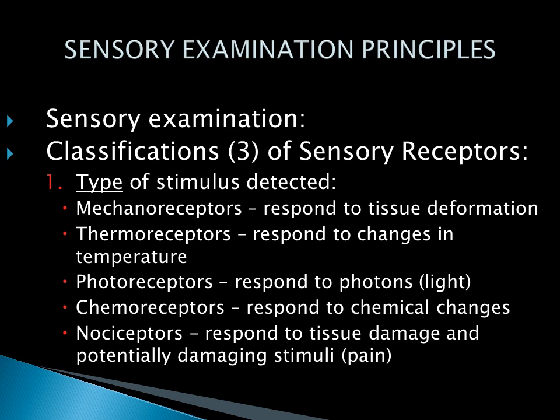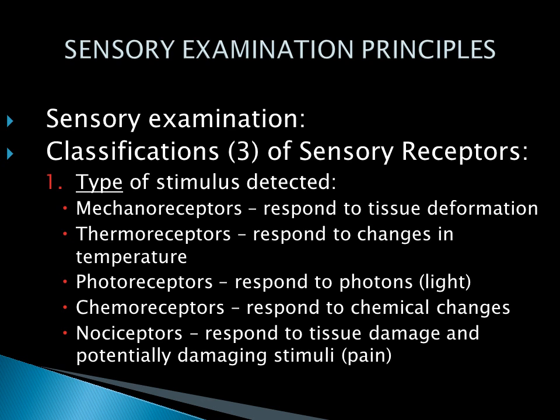So for example, there are sensory receptors that respond in the form of generating action potentials to tissue deformation. They respond to tissue deformation, and we refer to these sensory receptors as mechanoreceptors. We have other populations of sensory receptors that do not respond to tissue deformation.